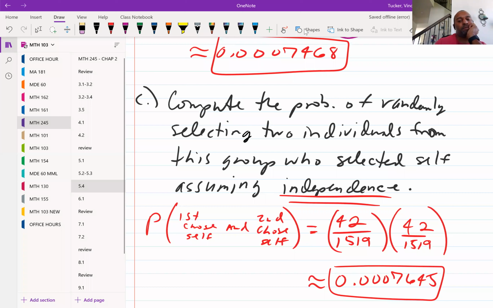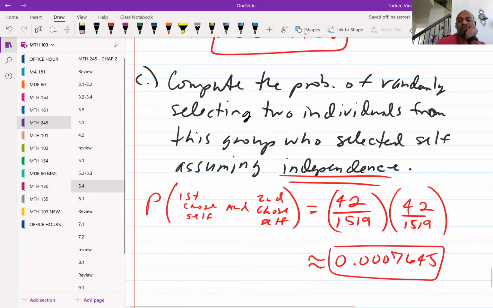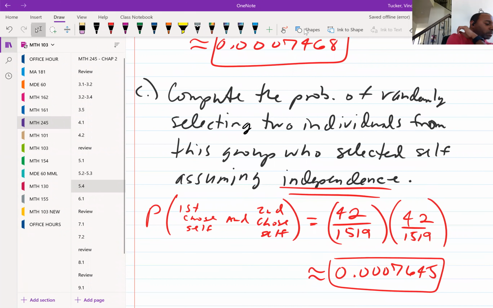So if they're independent, then the probability just stays the same. Questions? Any questions?